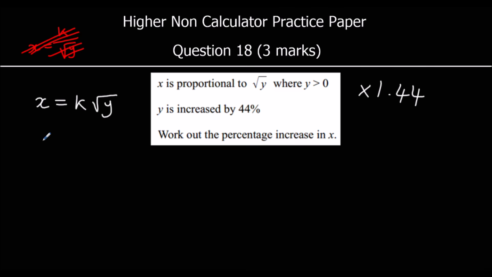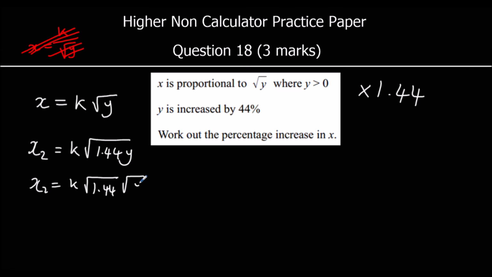So our new x is k times the square root of 1.44 y's. Then I'm going to split this square root into square root 1.44 times square root y.